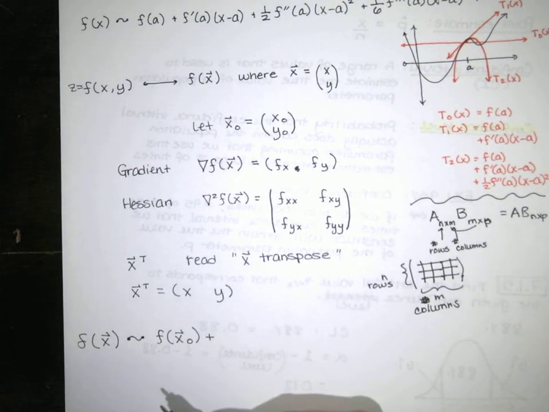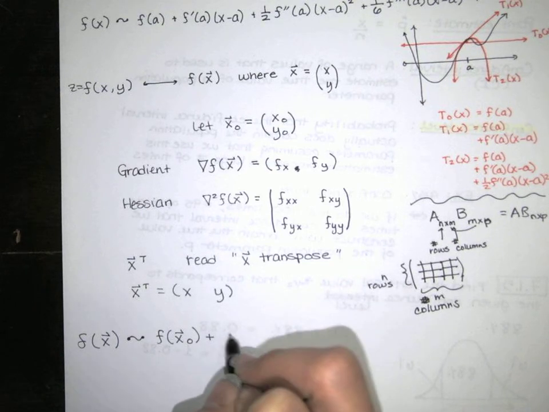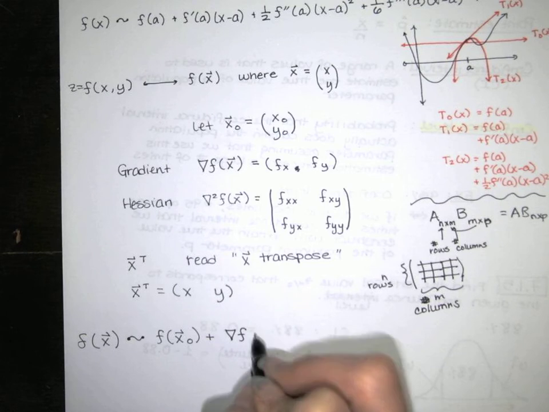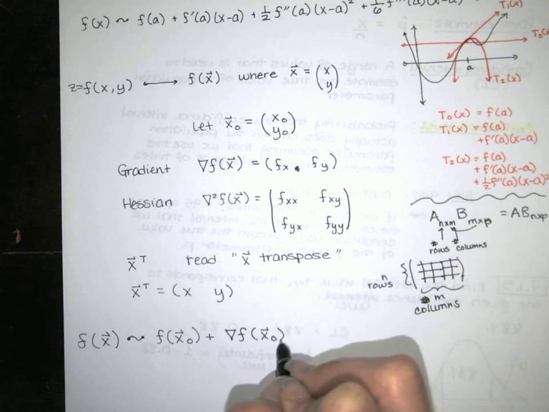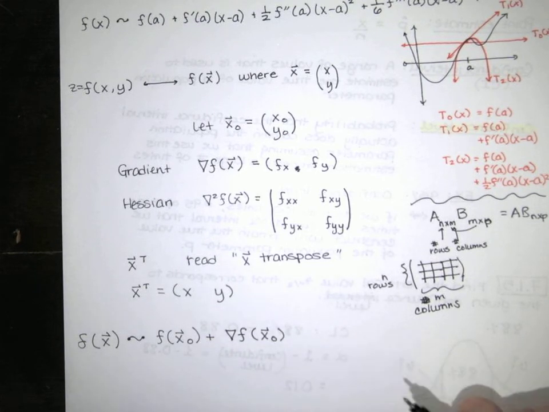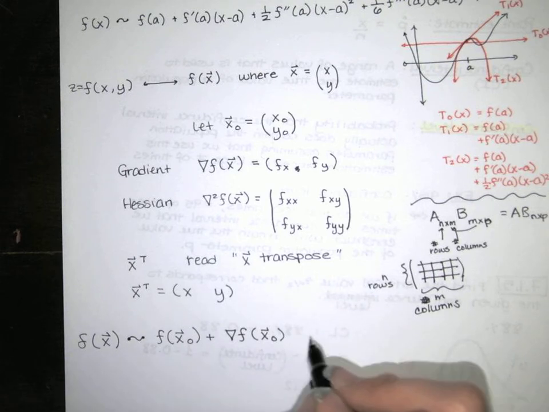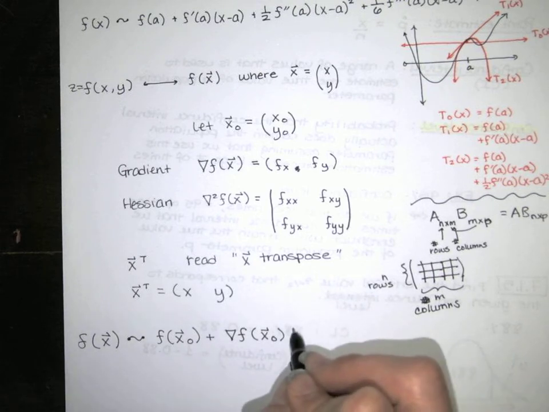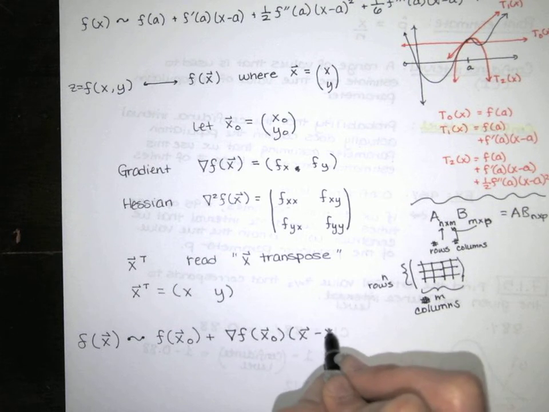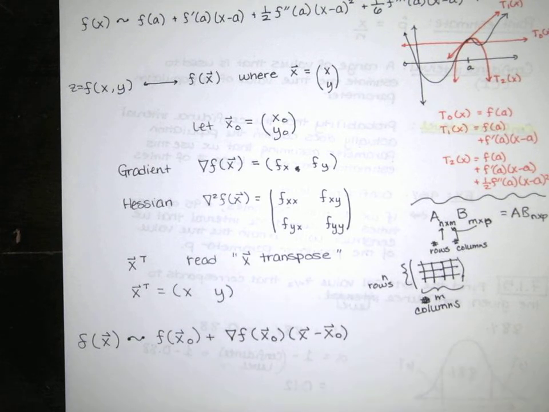Well, if I do this, let me see. I want to make sure I'm doing this correctly. Yeah. If we do this, take the gradient and evaluate it at x naught, and then multiply by the vector x minus x naught, I believe that has the right size. Let's check.